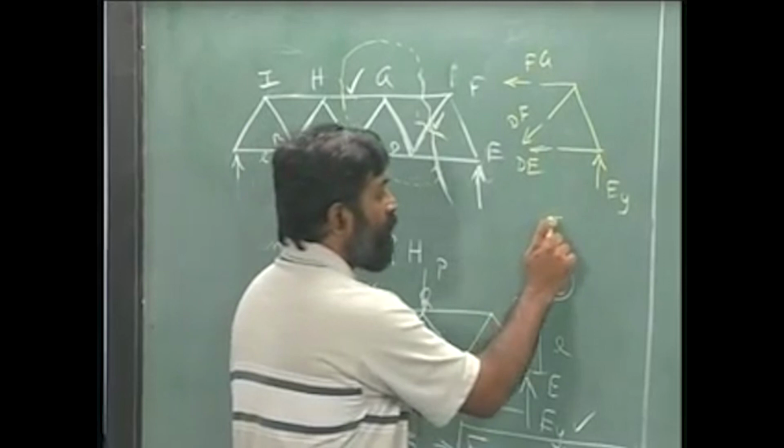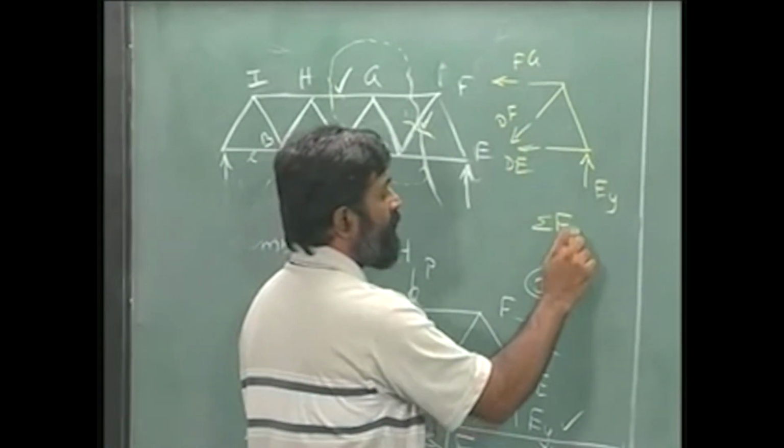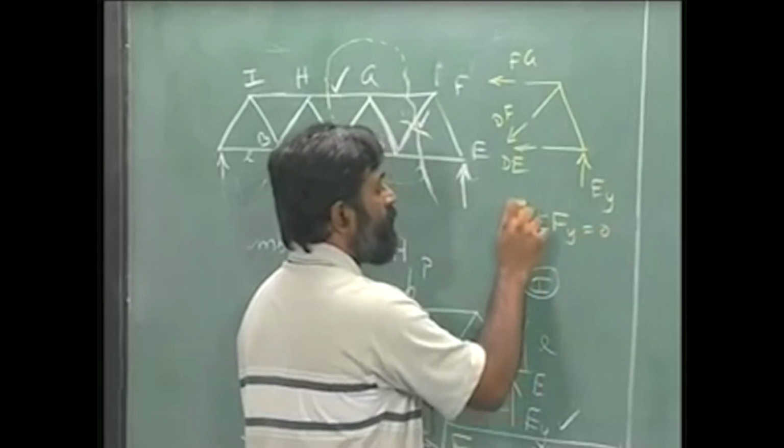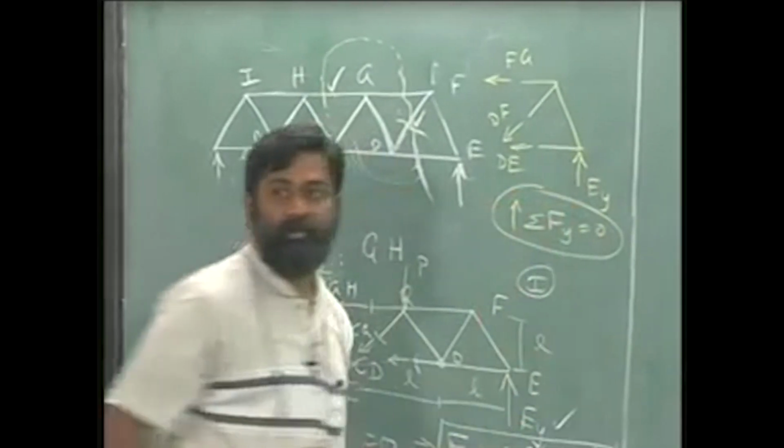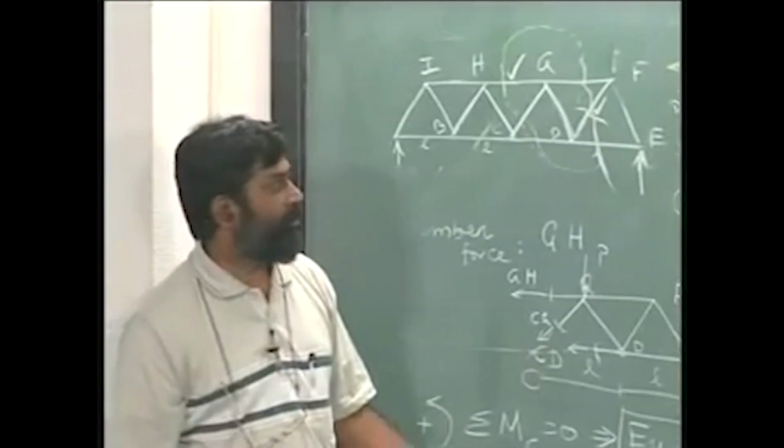So the way to go about solving for DF in this particular case is sigma Fy equal to 0. So you have to use a suitable equation in order to solve for the member forces.